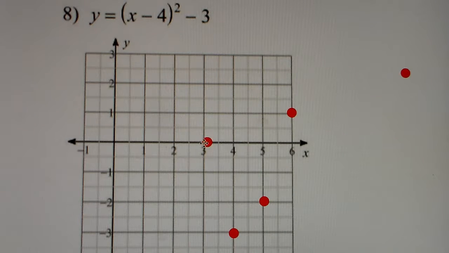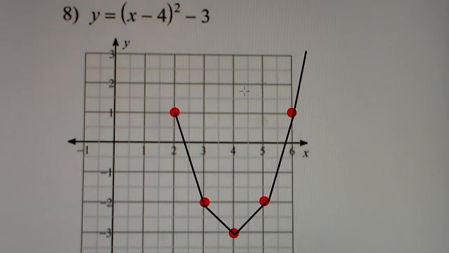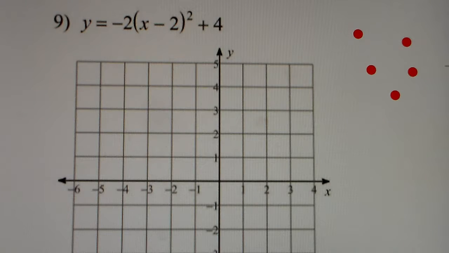We also have the coordinates 3 to the right, down 2, and also 2 to the right, up 1. That's the answer, number 8. That's our parabola.